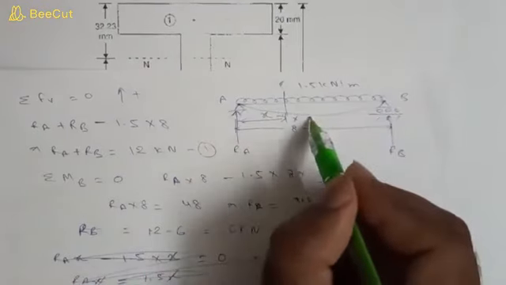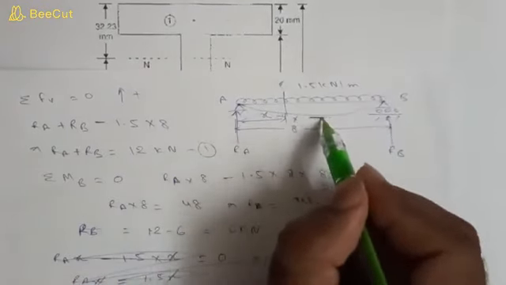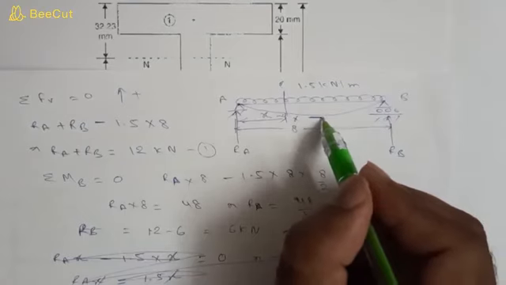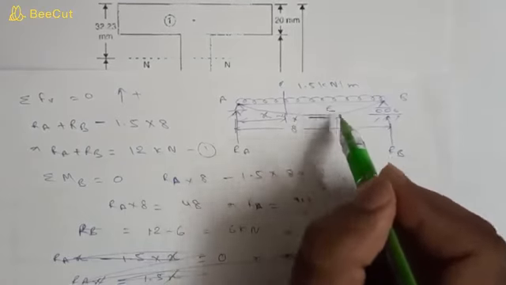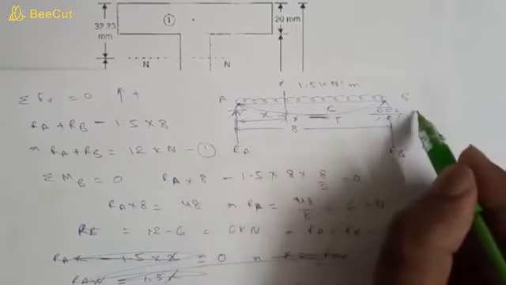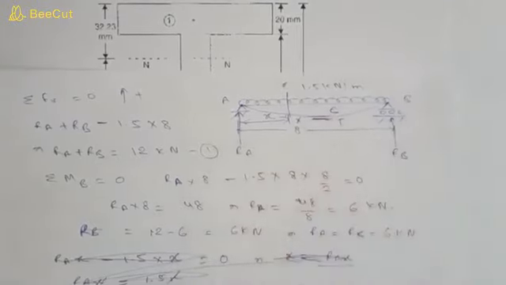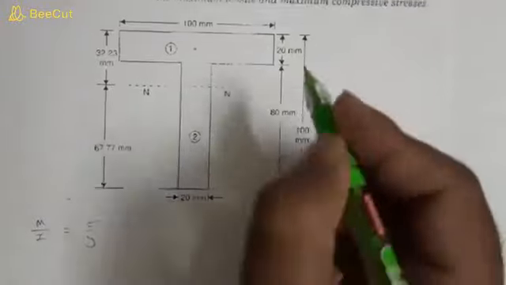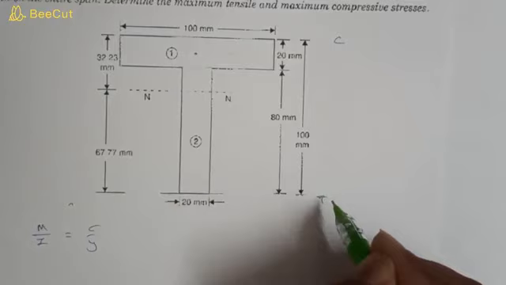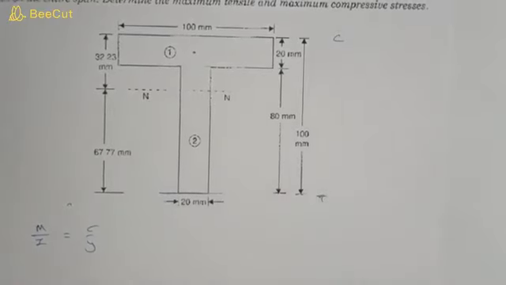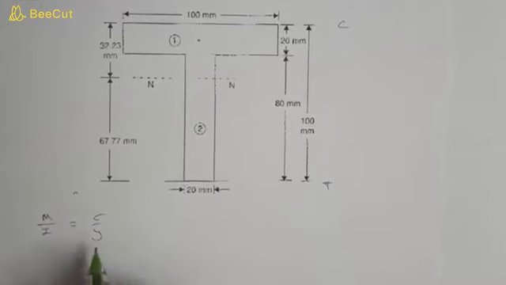So we can see that the outermost fiber, the downwardmost fiber, is stretched, so here it will be tensile, and this is compressed, so here it will be compressive stress. So on the top of the T section it will be compressive stress, and here it will be tensile stress. First of all we have to calculate maximum tensile stress.